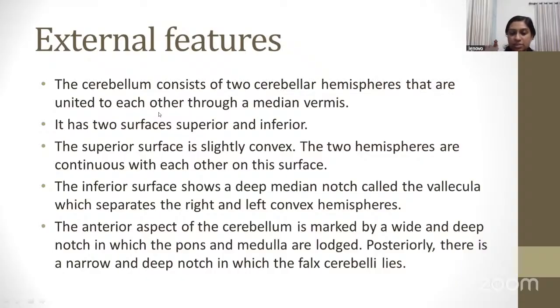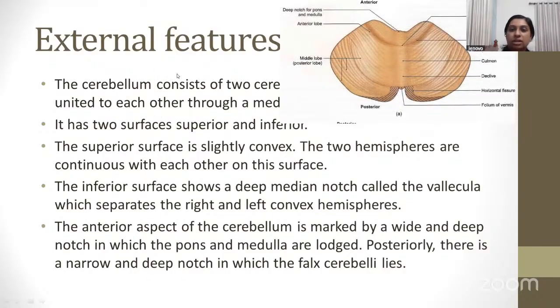The anterior aspect of the cerebellum is marked by a wide notch. Here we can appreciate a shallow, wide notch in the anterior part of the cerebellum. This shallow groove is for the accommodation of the pons and medulla, which lie anteriorly.